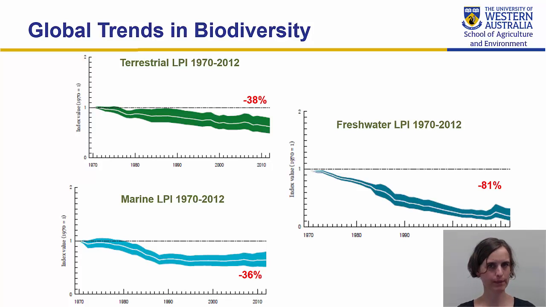Well, that's because freshwater is suffering from cumulative impacts. Freshwater habitats are not just impacted by what's happening in the river itself, but it also accumulates pollution and other effects from the wider catchment that flows into that river. So if anything changes in the river basin, in the catchment, it will affect a freshwater system.